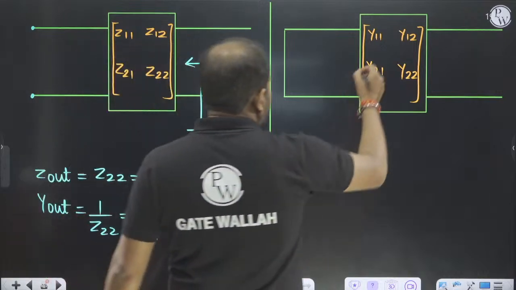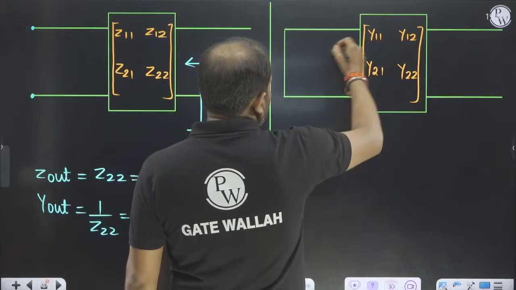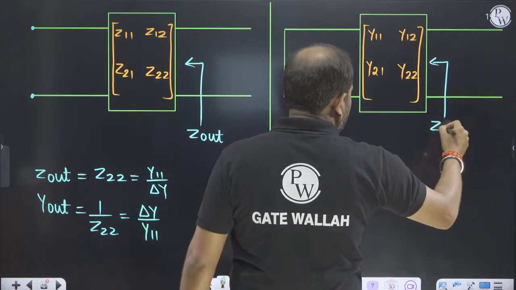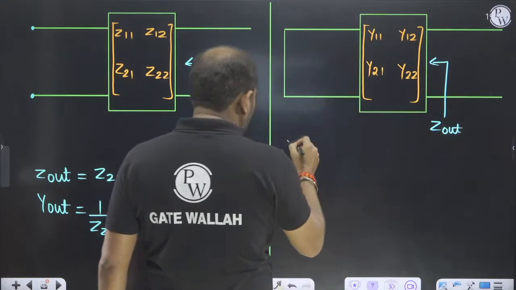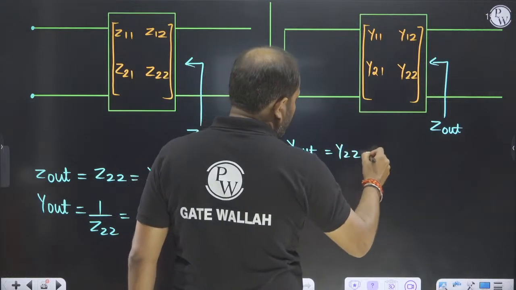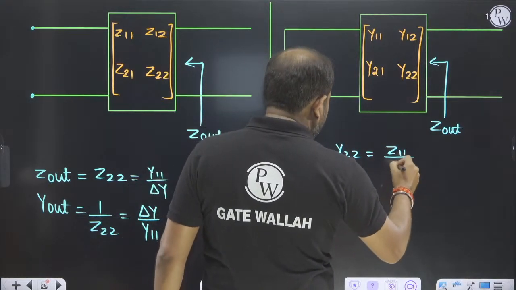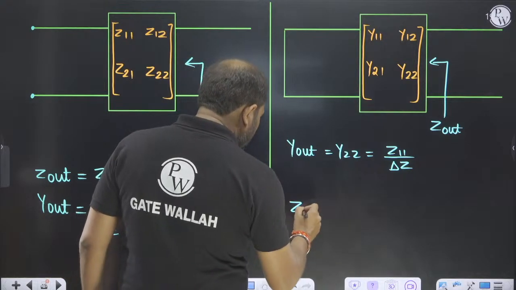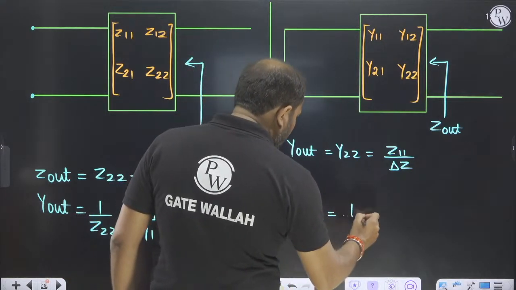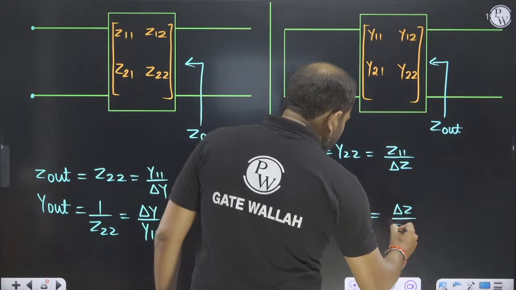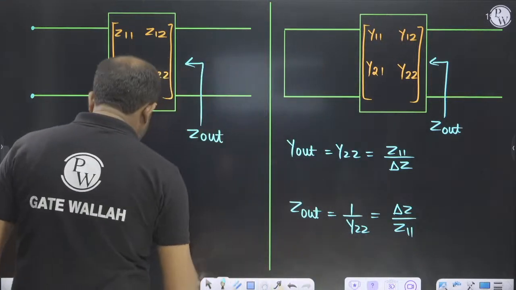Like that, here for Z out, in short circuit, Y out is equal to Y22, Z11 upon delta Z, and Z out is nothing but 1 by Y22 or delta Z upon Z11.